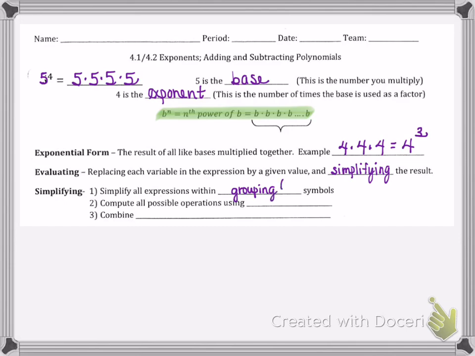Just a reminder, those are parentheses, they can be brackets, they can be absolute value bars. And we're going to compute all possible operations using order of operations. And you're going to combine all like terms.